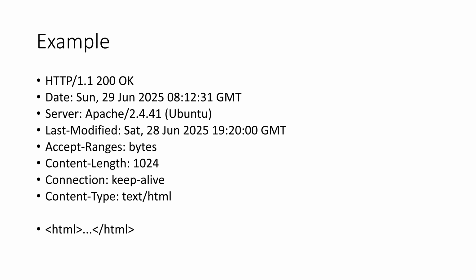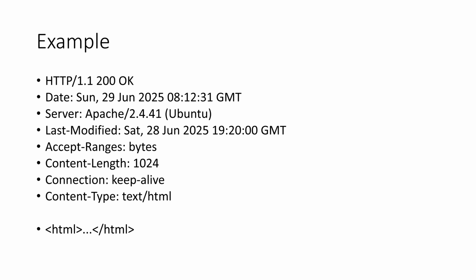The server header shows the type and version of the server software, in this case Apache. The last modified date tells us when the resource was last changed. Accept ranges bytes. This means the server supports downloading a portion of a file if needed, and it's very useful for streaming or resuming downloads.